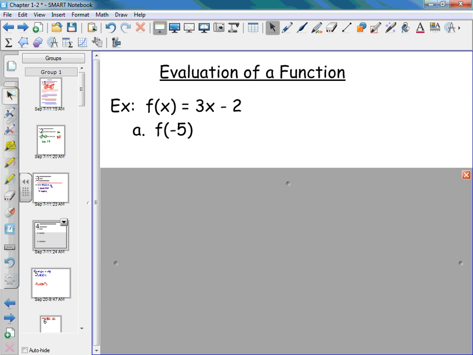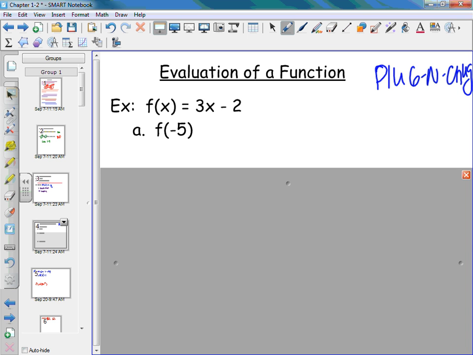F of x is equal to 3x minus 2. Part A says to do f of negative 5. What does that mean? That means all this is plug and chug.